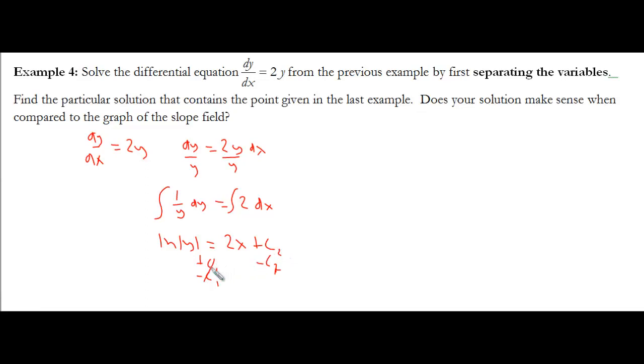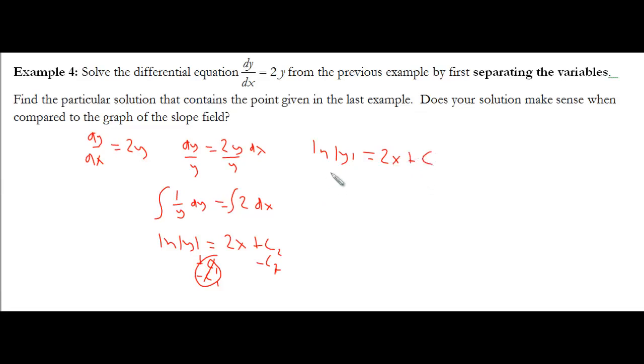So this constant is combined with the constant on the other side, so that really what you have here is the natural log of the absolute value of y is equal to 2x plus, we'll just call it some constant.